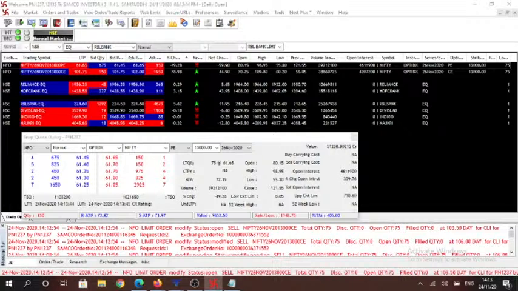For calls, high is at 109.8 and we have a square off order at 114.5. Below 57.3, we should go lower. Let's see if it trades below 57.